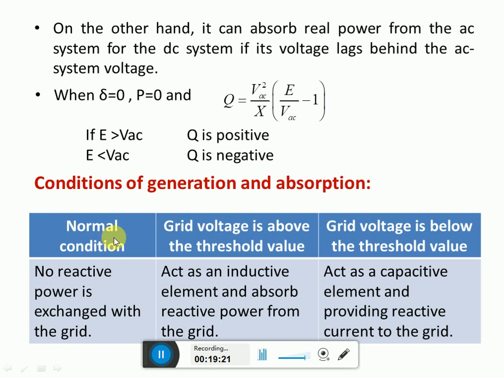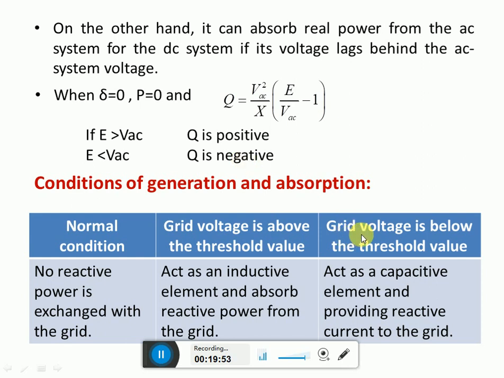When the grid voltage is above the threshold value, the STATCOM works as an inductive element and absorbs reactive power from the grid. Here Q is negative, meaning it is absorbing.